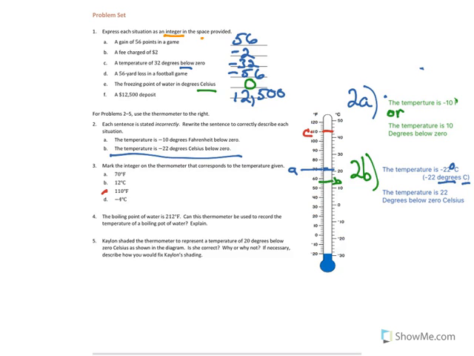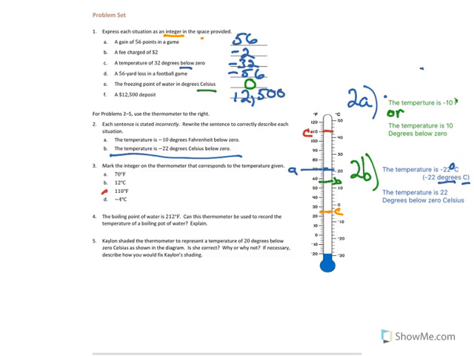C, and that's on the Fahrenheit side. Negative 4 degrees Celsius, I have to go all the way down to the negative side. And remember that it's in increments of 2. So if you remember, that would be right here. And we can write that as C that way. Okay, so that's a nice easy one.